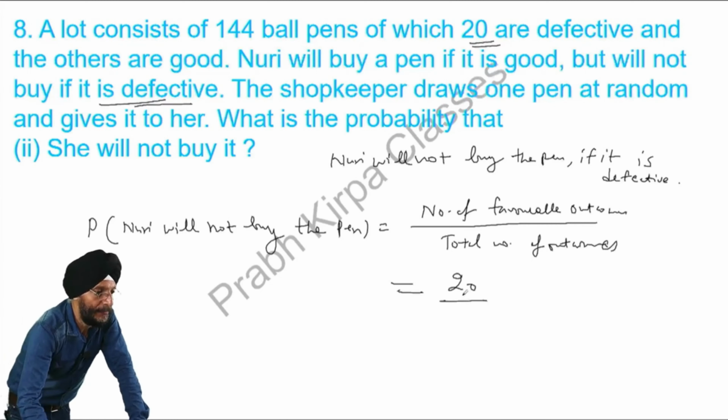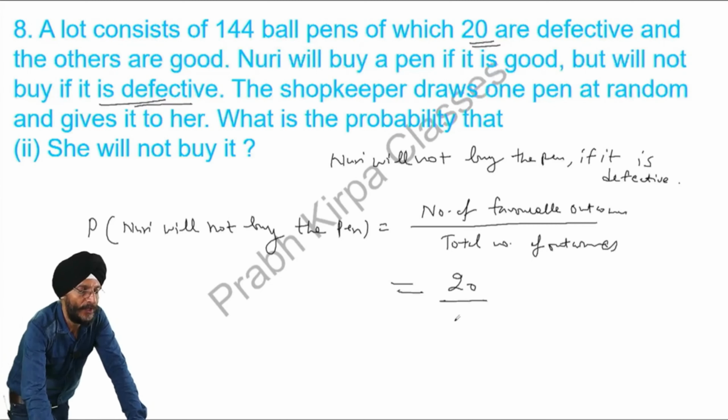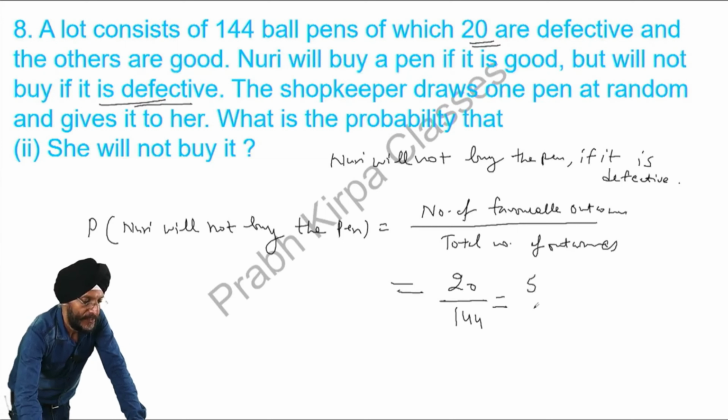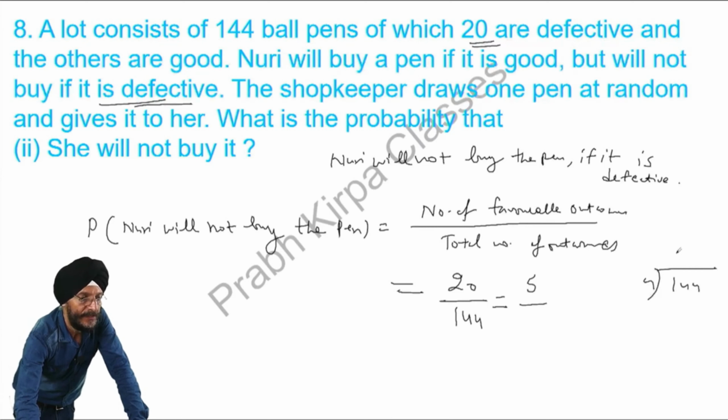It is to be divided by the total number of outcomes, total number of pens. It is 144. So here we will divide both by 4. What it comes? It comes 5. When we divide 144 by 4, let us see what comes.